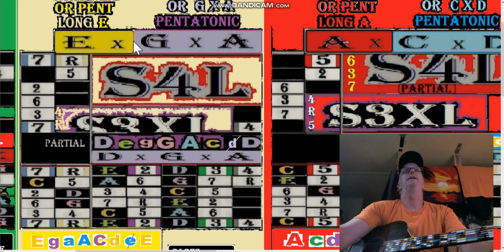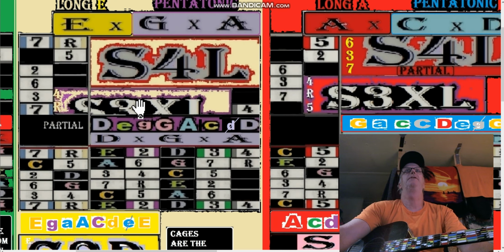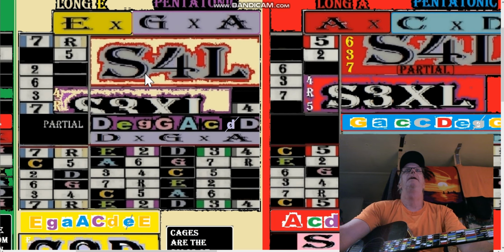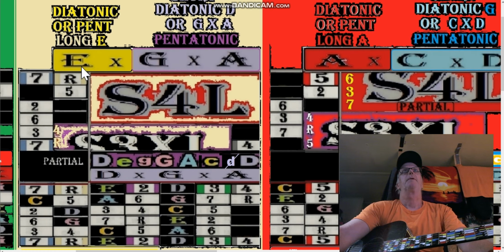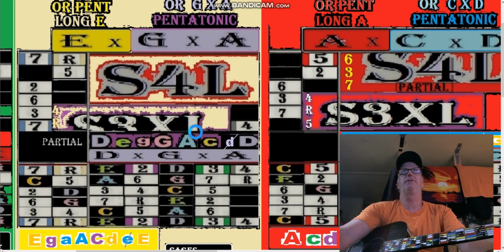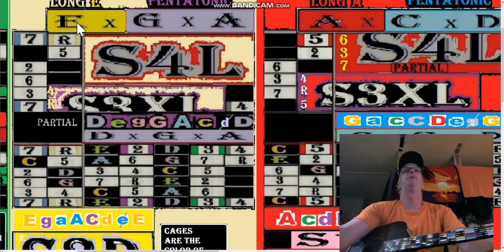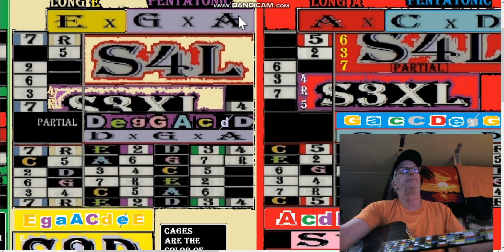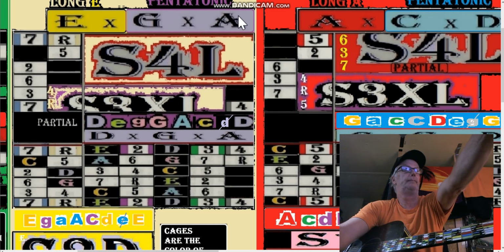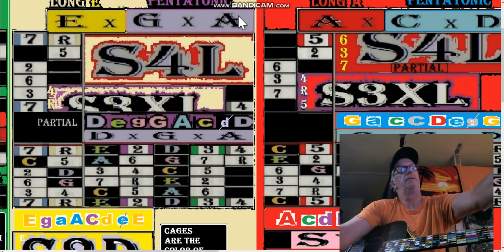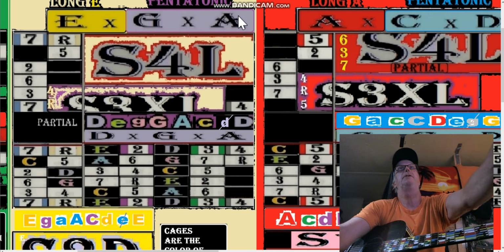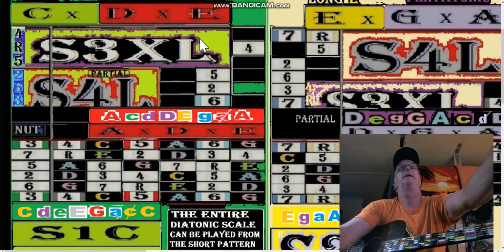So, for instance, I don't want to confuse us. This is the E cage, all right. And remember, keep in mind, when we're going to use the root position, the long pattern, and then the 4th and the 5th of the 2nd short pattern, it forms a pentatonic scale fragment, E, G, A. Okay, here's the pentatonic scale. Here's E, G, A. Okay, here's C, D, E. These are shape patterns.